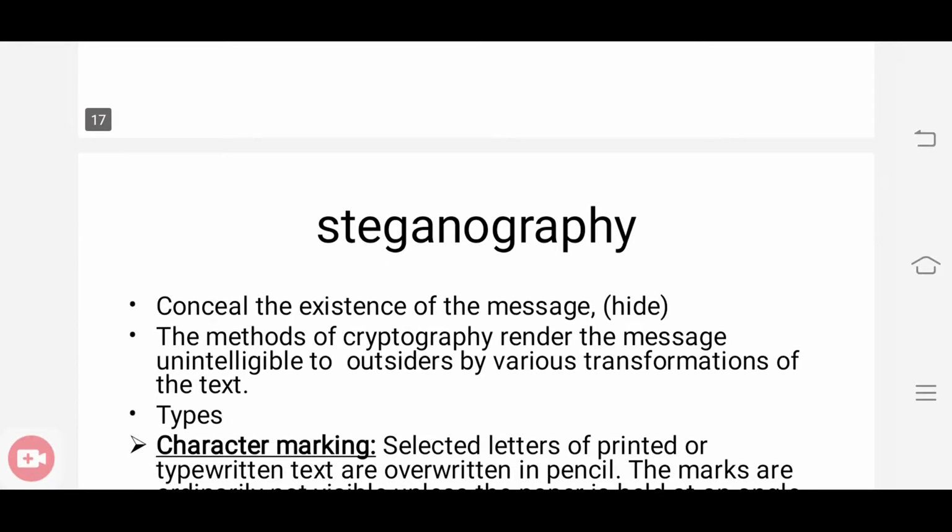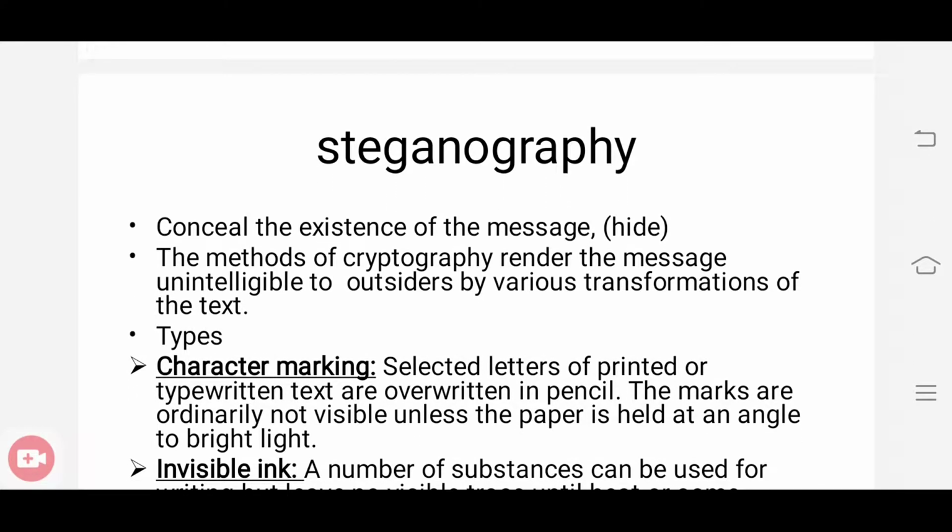And the next mechanism is steganography. What do you mean by steganography, and what is the difference between cryptography and steganography? Actually, in cryptography, we are converting something to something. Okay. But in the case of steganography, we are hiding or concealing the message. That is the main difference. Clear?